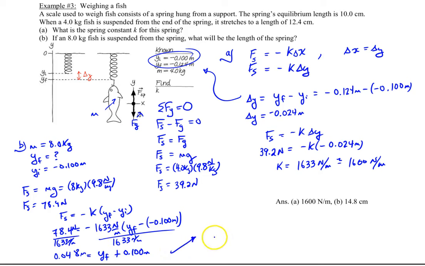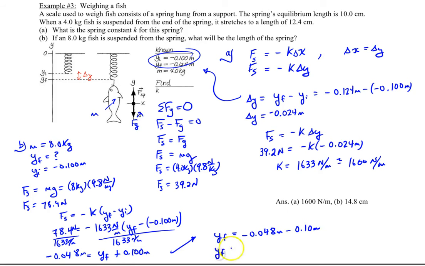And so hence, our y final would be equal to, oh, I made a little mistake here. It's not going to be 0.052, is it? Where did I make a mistake? Oh, the negative here. Well, that negative over here, let's just bring it over there, right? Hopefully that makes sense. So it's going to be negative 0.048 meters minus 0.1 meters.